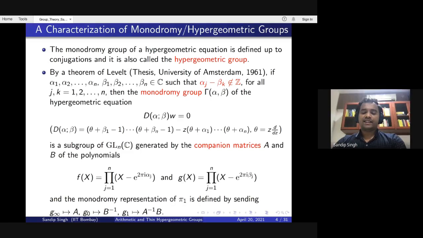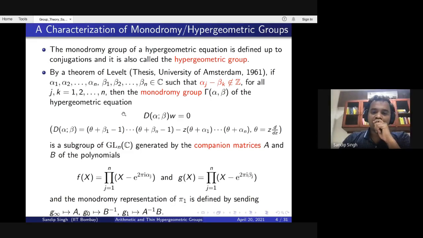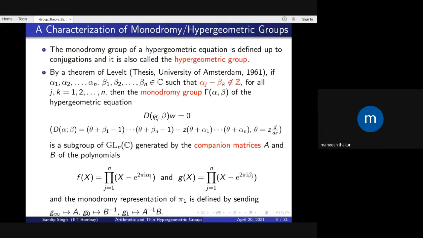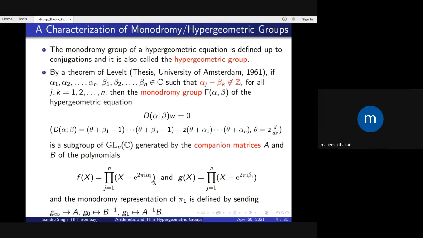Yeah, I got it. Because you said you can determine the equation. No, once you know the differential equation, then you know the monodromy group. And for the converse, up to integral shift, you can recover the alpha_i's and beta_j's up to integral translates.